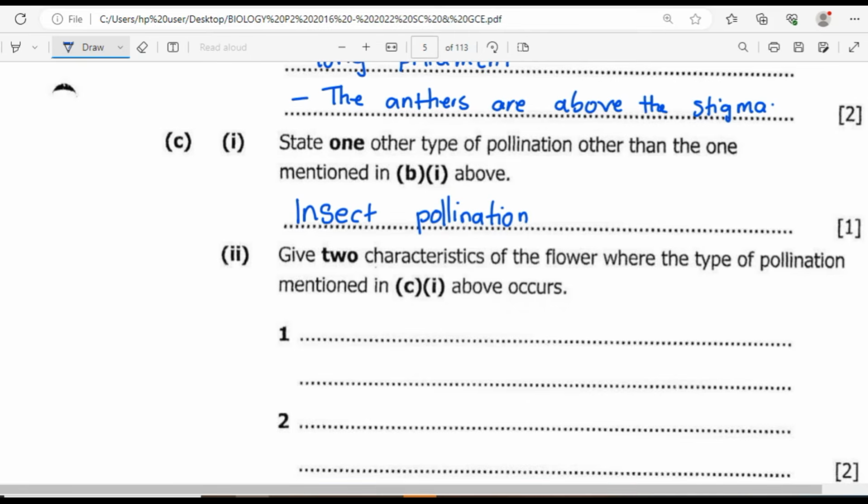Now give two characteristics of the flower where the type of pollination mentioned in C1 above occurs. We can say that they have bright petals to attract insects.